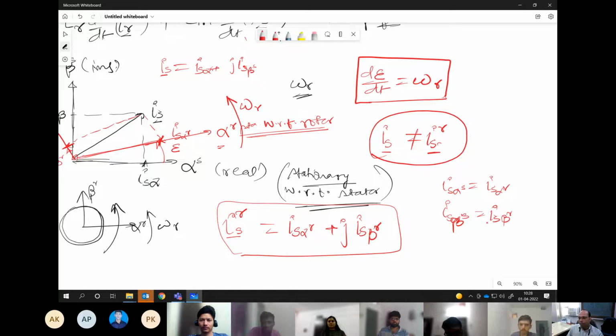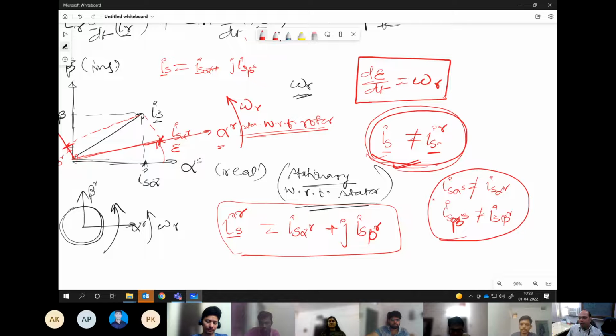Is it equal? No, right? Not equal, sir. So this is also applicable to the vector. Although it is the same vector, we are seeing it only from two different reference frames, but this does not mean that these two things are the same. You understand my point?